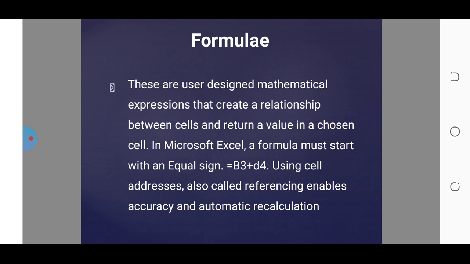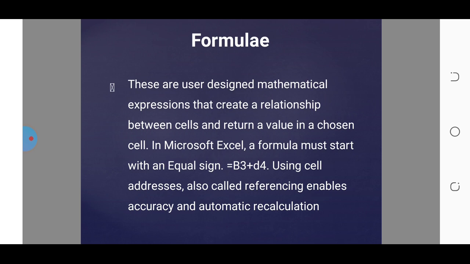Formulas are designed mathematical expressions that create relationships between cells and return a value in a chosen cell. Formulas, or formulae, are the expressions that we need in a spreadsheet in Microsoft Excel to bring out the results of whatever we are calculating.